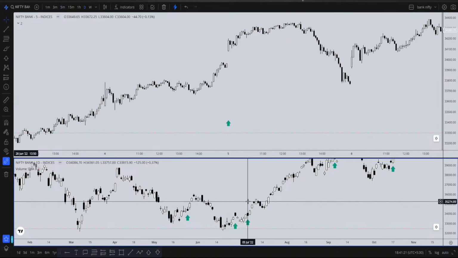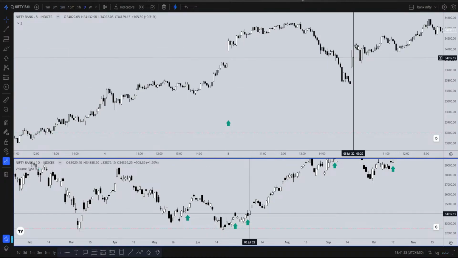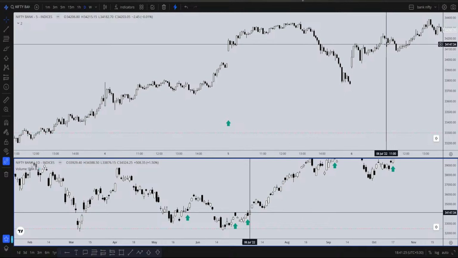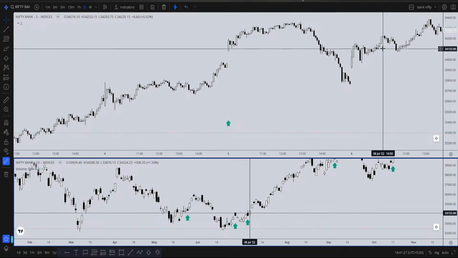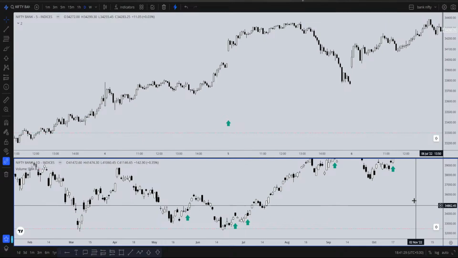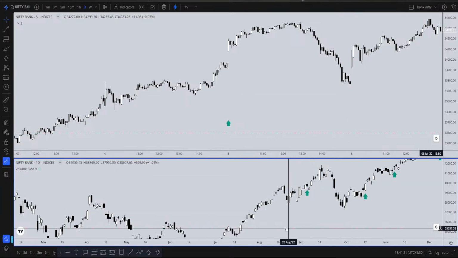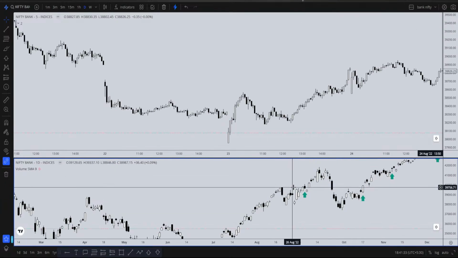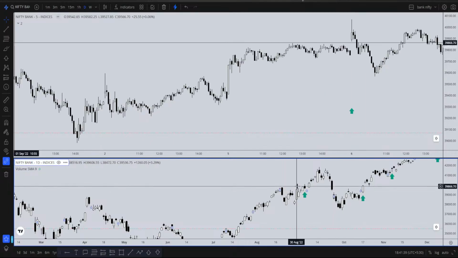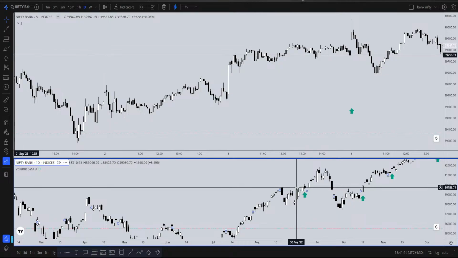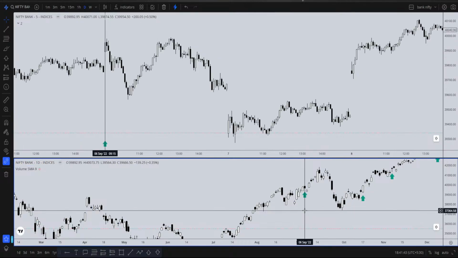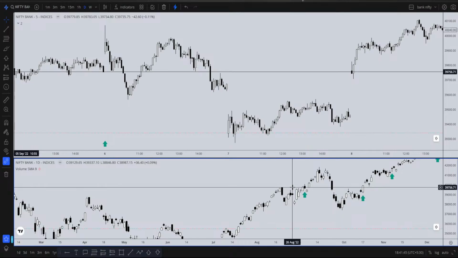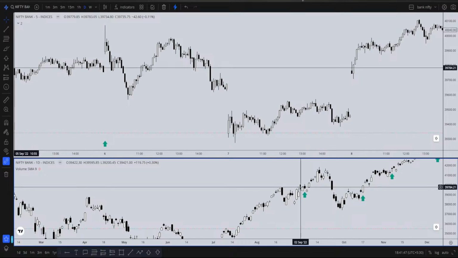No, I need to look at this. So if it is opening gap up tomorrow above a certain level, here's the breakout level. Sorry, here's the breakout level.